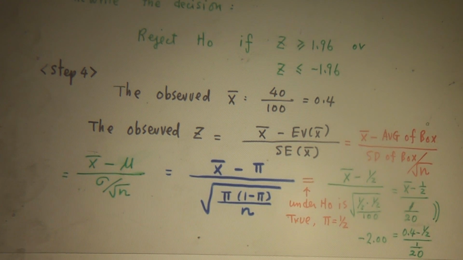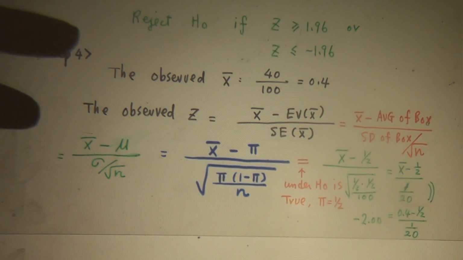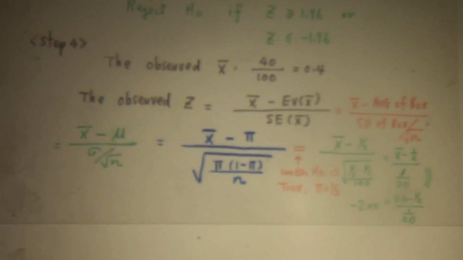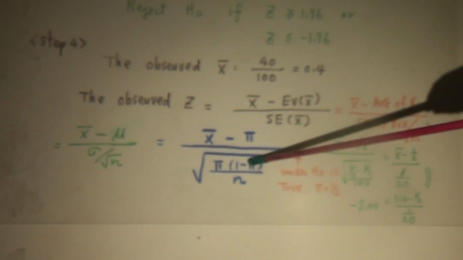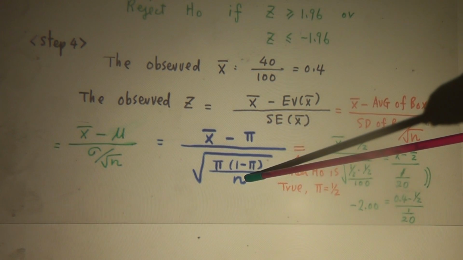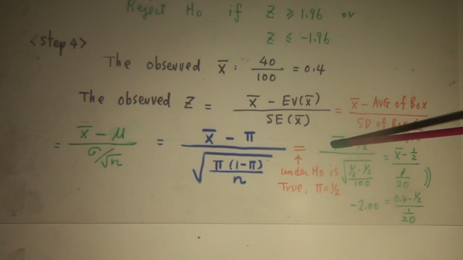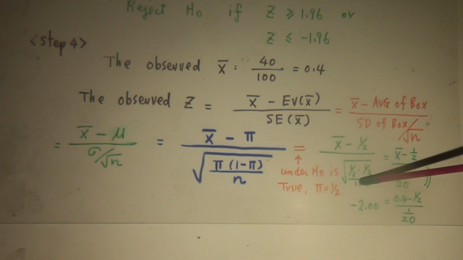Now, under H0 is true, pi is a fair coin. Pi is equal to 50%. Plug in 50% here, here and here, and divide by the sample size of 100. So it becomes X bar minus 1/2 over the square root of 1/2 times 1/2 divided by 100. So this is X bar minus 1/2 over 1 over 20.